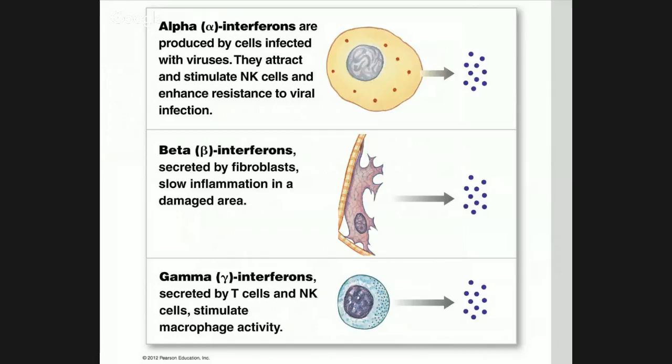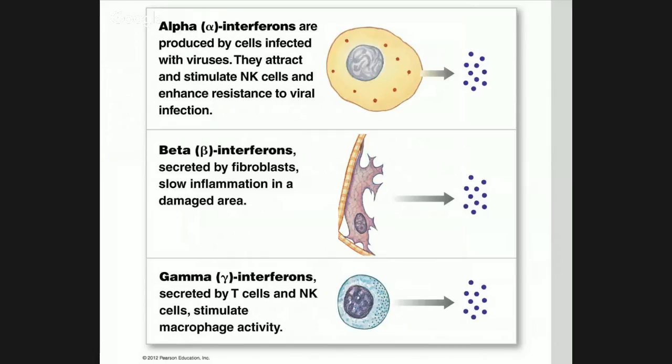It's basically a hormone that then gets released from that cell and targets other cells in the tissue, so neighboring cells through paracrine signaling rather than full-blown endocrine signaling, to let them know that there's a virus in the neighborhood and an infected cell is sending up this signal. Alpha interferon will tell other cells to stop making proteins.